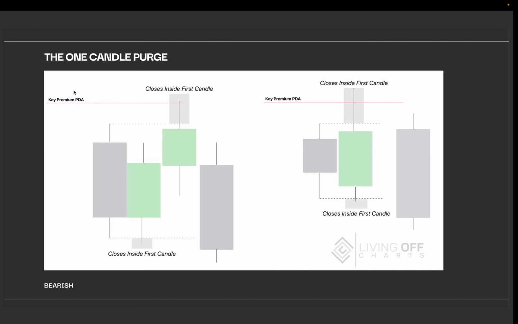Bearish example, key premium PDA here, one candle, take the low, close within, run for the high, close within, low resistance liquidity to this low, specifically this low. Another formation here with the one candle, right? Run the low here, open low, close within, run the high, and close within. It must close within. Then we run for the low, specifically this low, extremely fast.